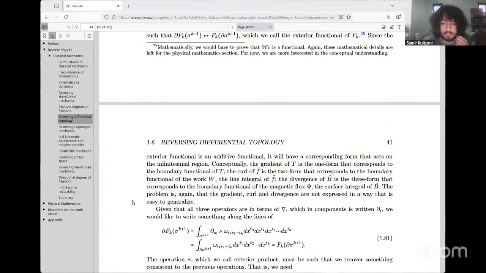Conceptually, the gradient of T is the one form that corresponds to the boundary functional of T. The curl of F is the two form that corresponds to the boundary functional of the work W, the line integral of F. The divergence of B is the 3 form that corresponds to the boundary functional of the magnetic flux phi, the surface integral of B. The problem is, again, that the gradient, curl, and divergence are not expressed in a way that is easy to generalize.